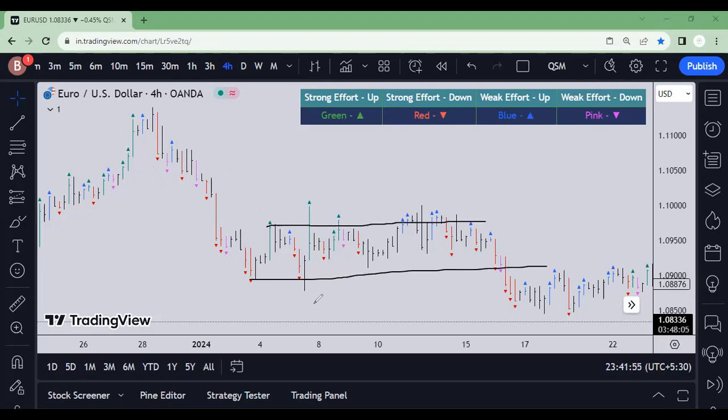Here there was supply. Price went upwards, again upwards, and all of a sudden, what happened to all this demand or buying? It got converted into testing form.